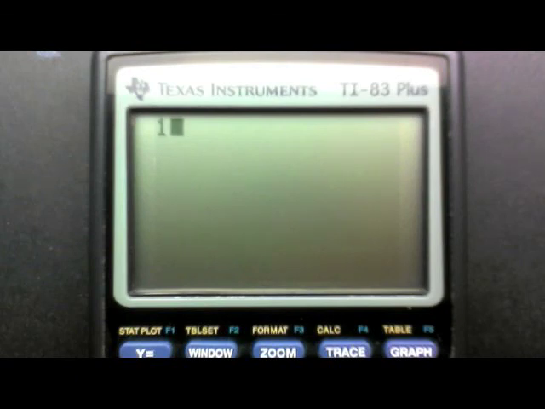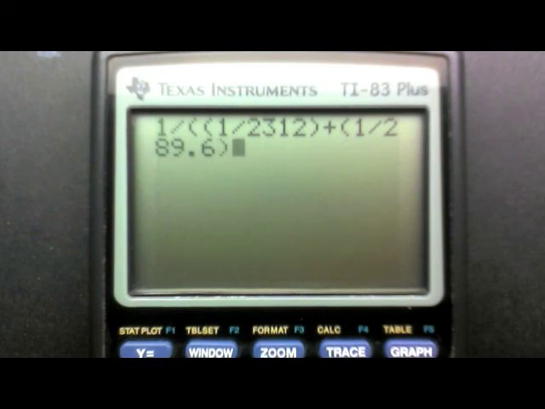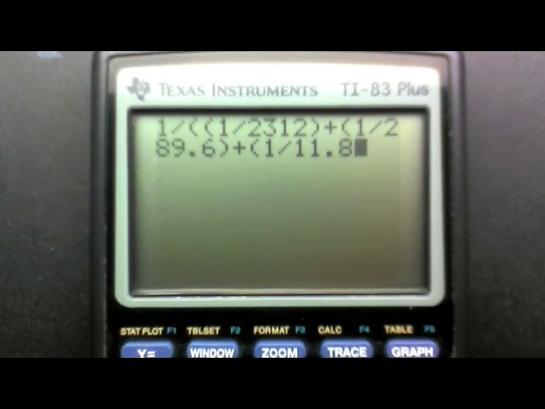We have 1 divided by parentheses, parentheses, 1 divided by 2,312, close parentheses, plus parentheses, 1 divided by 289.6, close, plus parentheses, 1 divided by 11.8, close, close, enter.